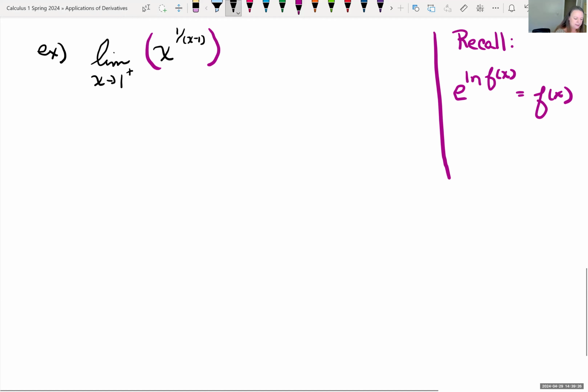Let's rewrite this: the limit as x approaches 1 on the right of e to the natural log of x raised to the 1 over x minus 1 power.